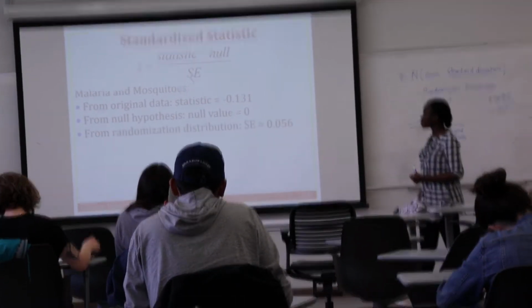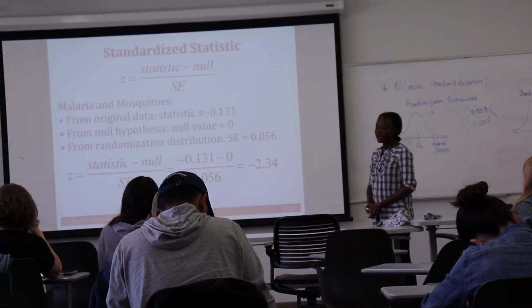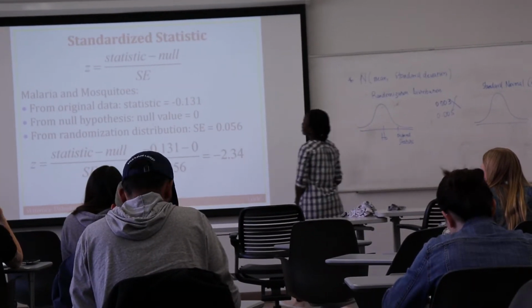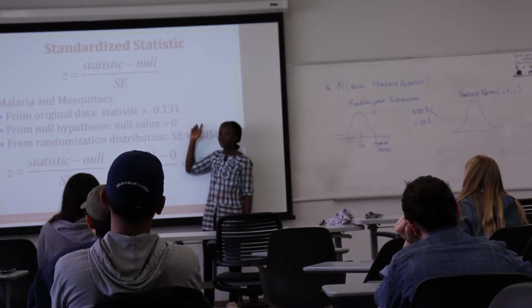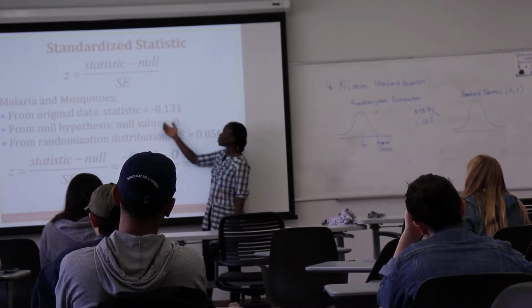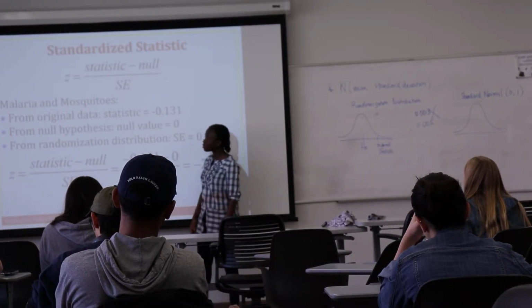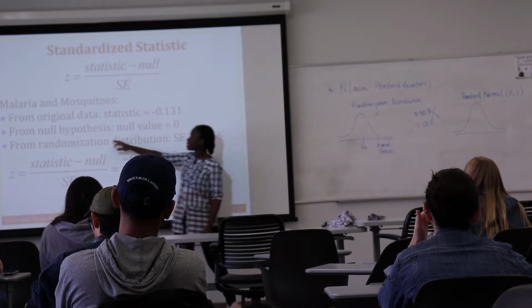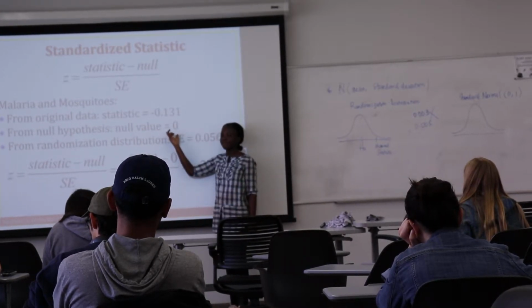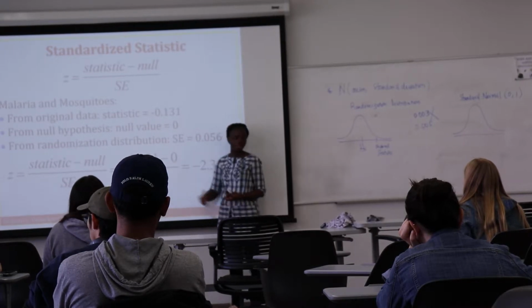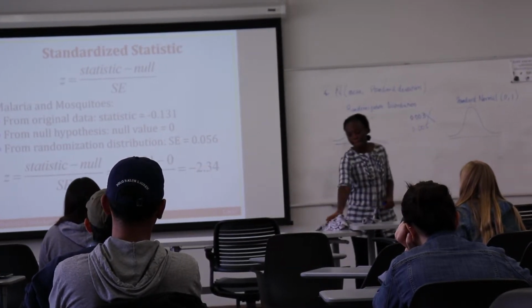Now back to our example. This is the original statistic that we got when we took the difference in proportions. As we saw, the distribution from the randomization distribution was centered at 0.